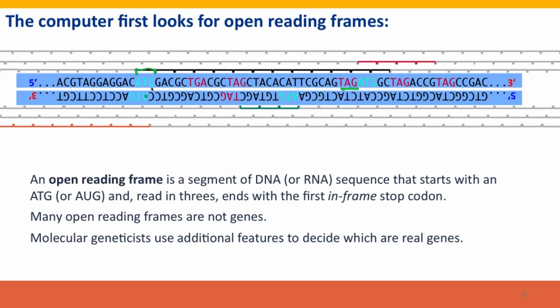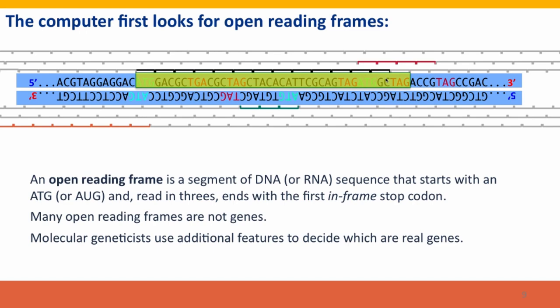This is our reading frame in black, set by this ATG, and this TAG is a stop codon in this other reading frame, but it's not a stop codon in the reading frame that we're using. So this was only a partial open reading frame. The real open reading frame extends all the way to the next stop codon that's actually in frame. Now, it can be moot whether you include the stop codon in the open reading frame or not.